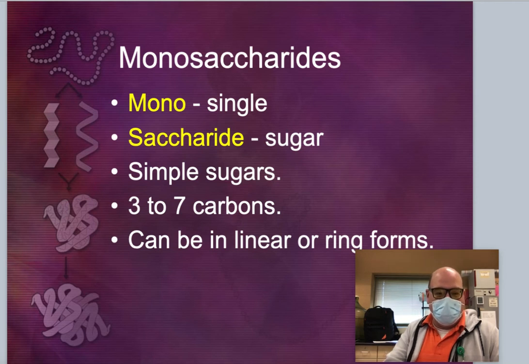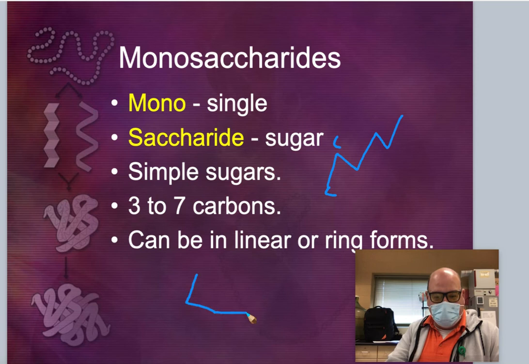These can form both linear, so chemists usually draw these like this, where each one of these is a carbon. Some of these are going to have oxygens on them, but they'll be linear chains, or they can be rings. I'm not the best at drawing these rings, but they can show up both ways.